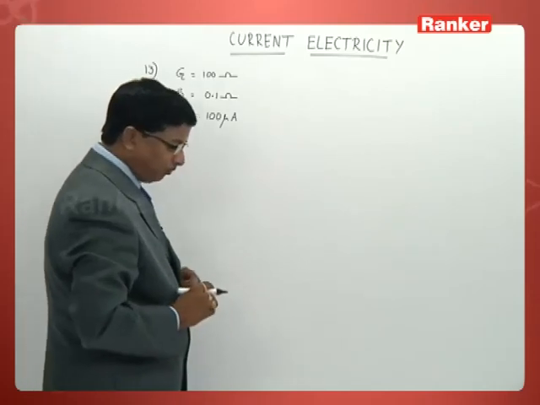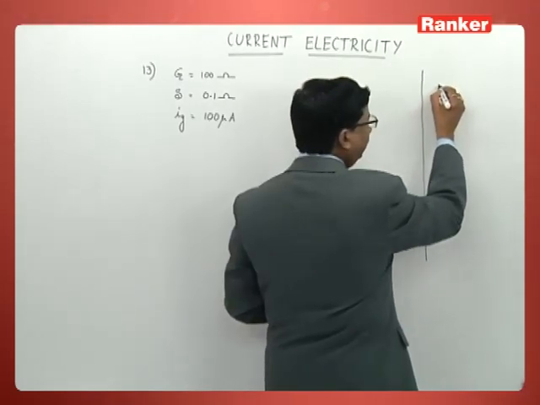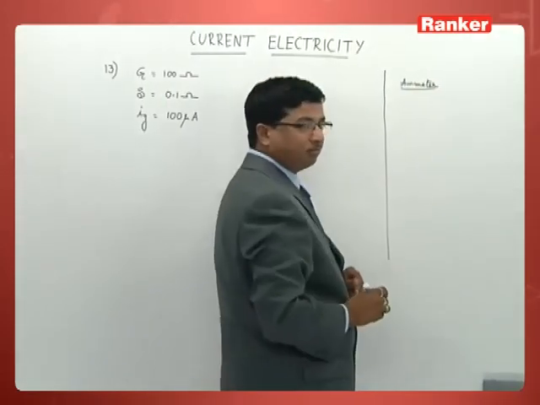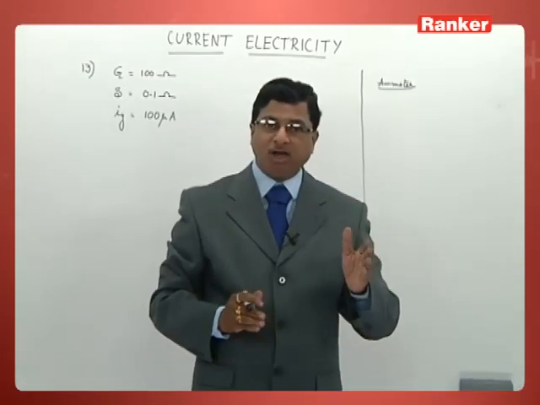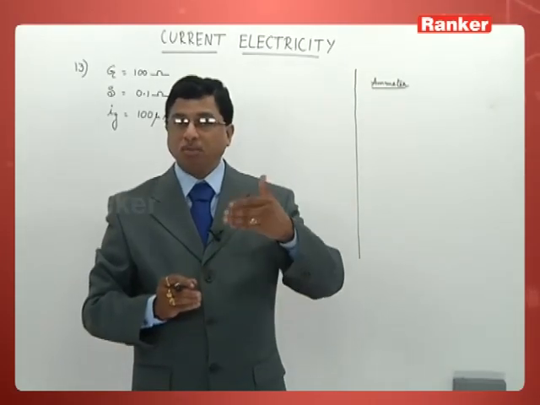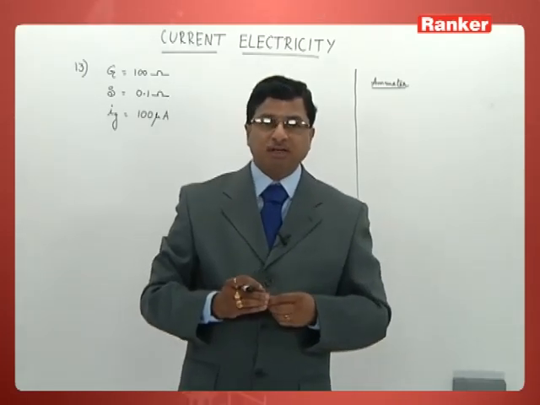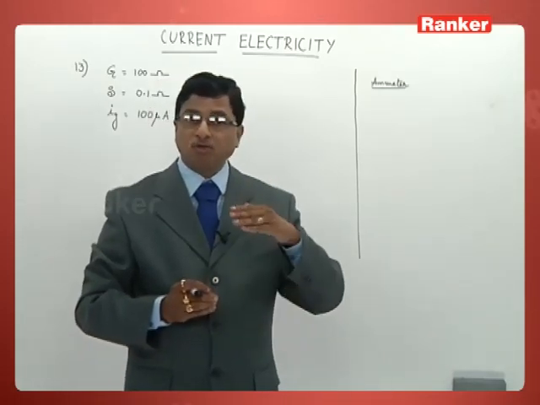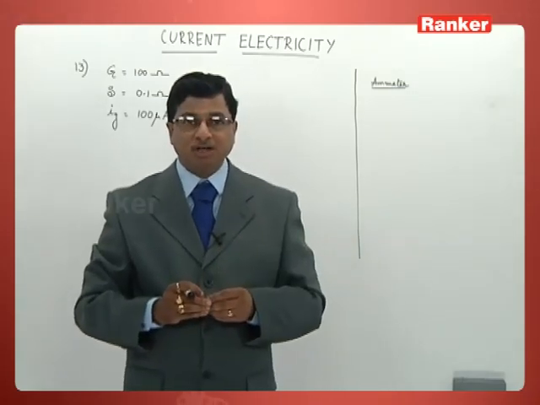First and foremost, I want to remind you, how do you convert a galvanometer into an ammeter? Every one of us knows that both ammeter and galvanometer are used to measure current only. But what makes the difference? The galvanometer measures smaller values of currents with utmost accuracy, whereas an ammeter is used to measure larger currents.